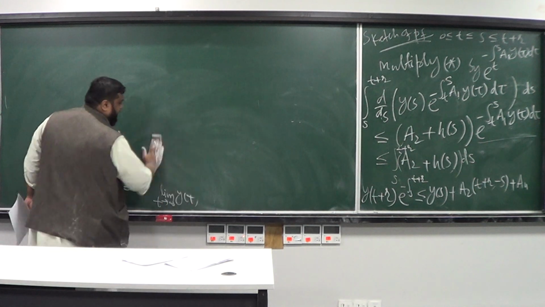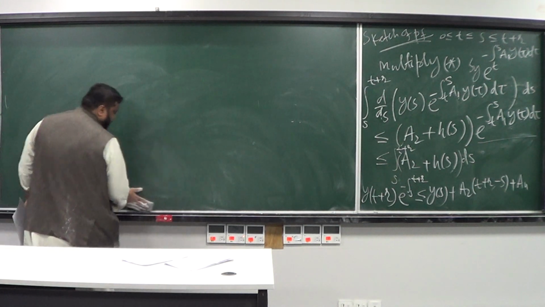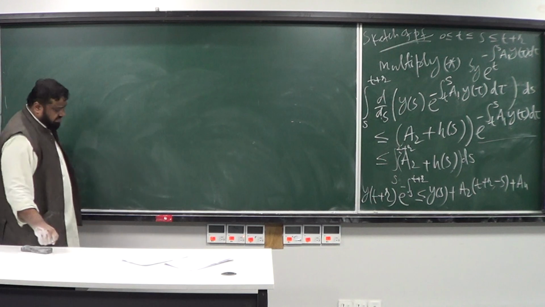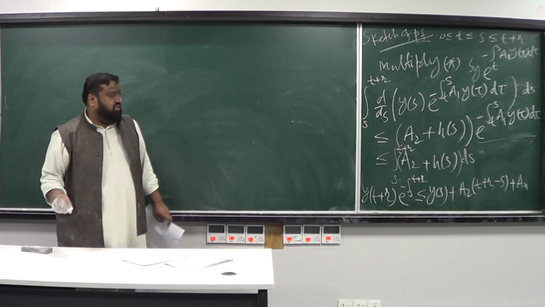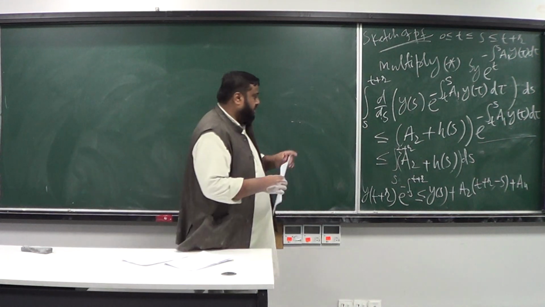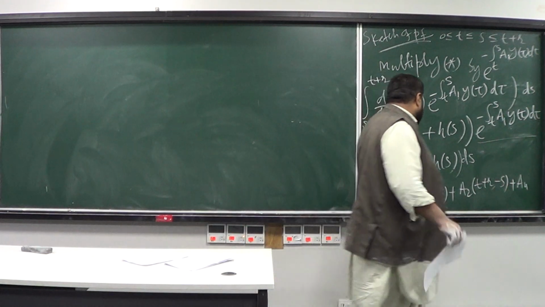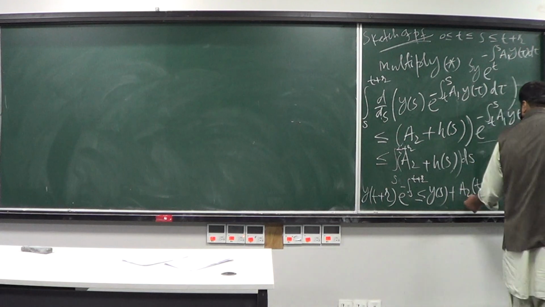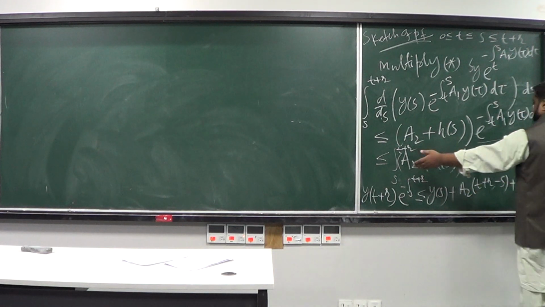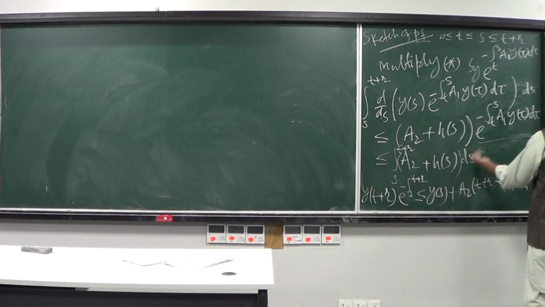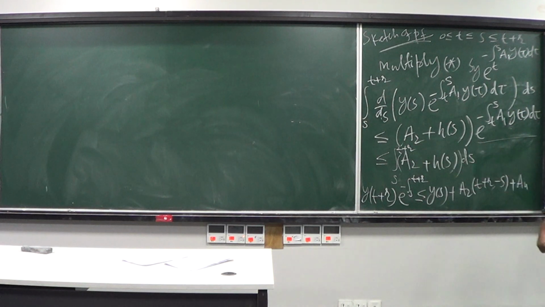It is better for such kind of result that you should read it for yourself, but I'm just giving you hints so that when you read it, you have some sense of what you are talking about. So y of t plus r e to the s to the t plus r, y of s, a2 plus t to the r minus s, and the integral from s to t plus r of h of s ds is less than or equal to a4, so you have it.